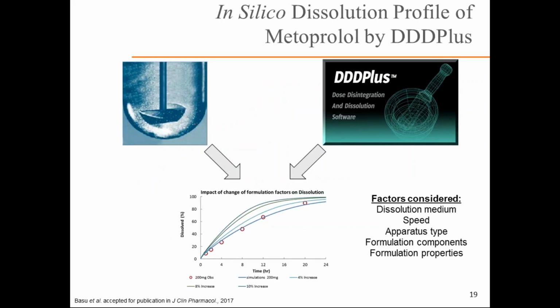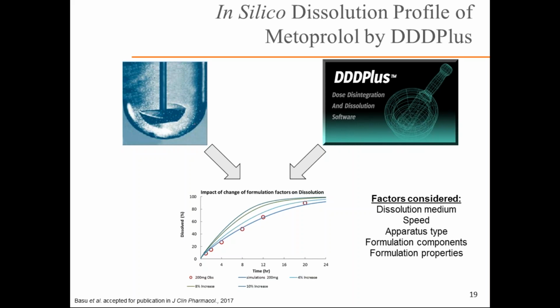So that's why we employed DDDPlus, utilizing the dissolution medium pH, the speed of the apparatus, what type of apparatus we are using, and ultimately the amount of the formulation and the component properties of the formulation in that particular tablet.